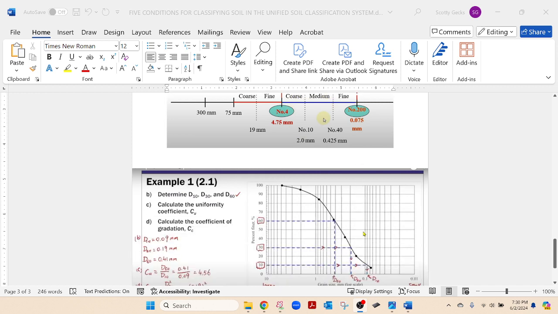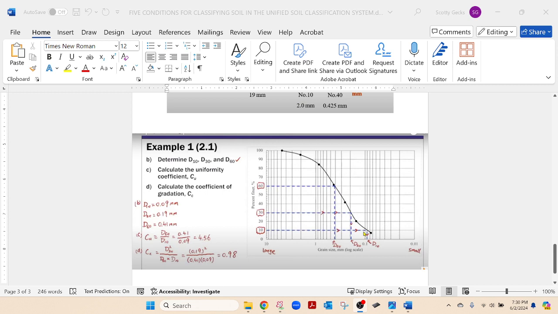Now, this is not the plasticity chart. This is a grain size distribution curve, like we talked about plotting early on in here. And we use this curve. Notice on the horizontal axis, it's the grain size in millimeters, and it's on a log scale.